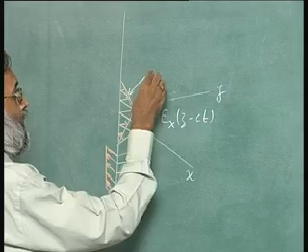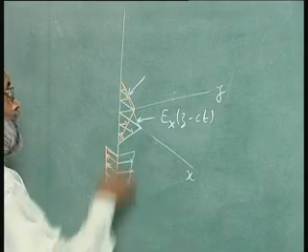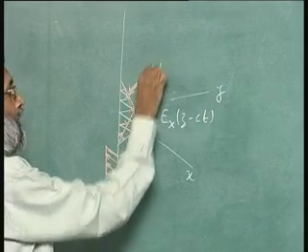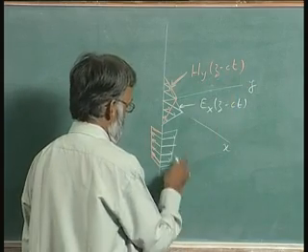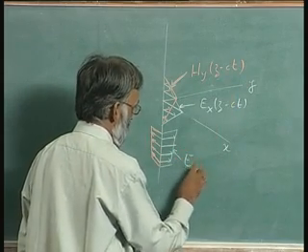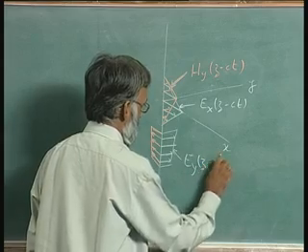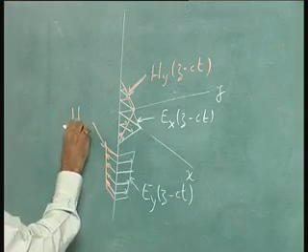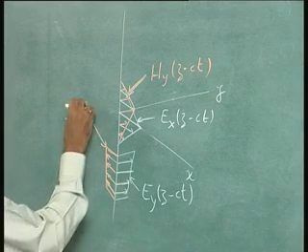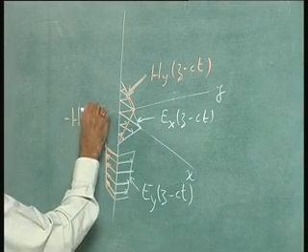This is H y of z minus c t. This is E y of z minus c t, and this is minus H x of z minus c t.